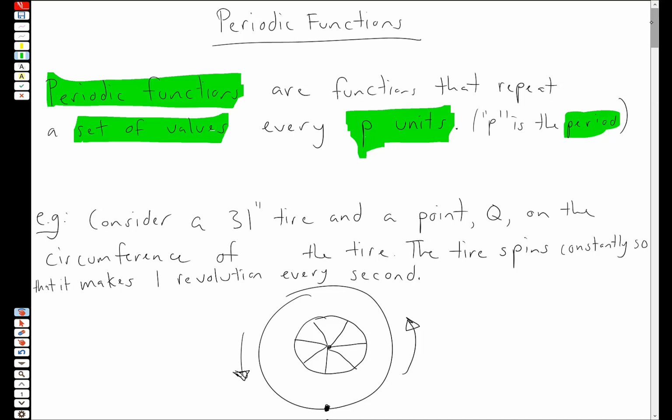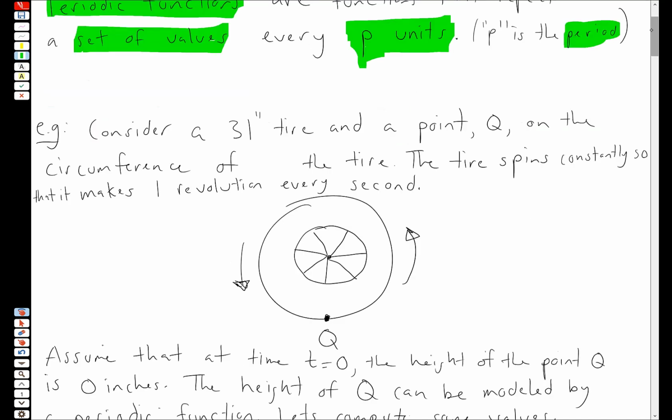Now, our first example, which should look very similar to the Ferris wheel example in your book: consider a 31-inch tire and a point Q on the circumference of the tire. If you look at the picture here in my super awesome tire drawing, we're just going to start Q at the bottom of the tire. The tire spins constantly so that it makes one revolution every second.